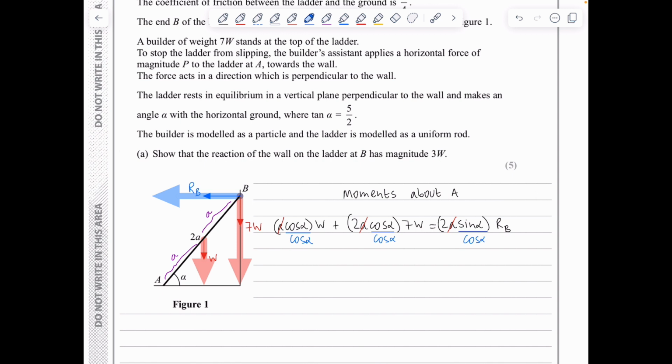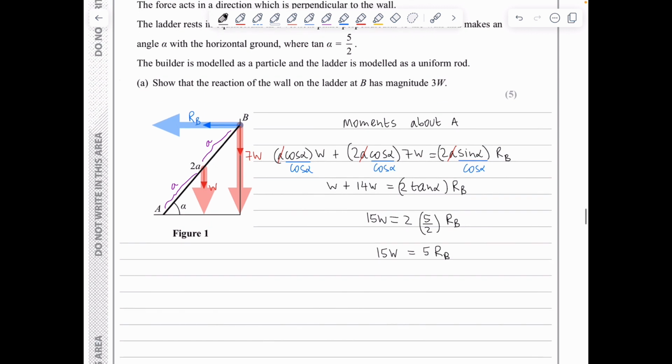So we can see that W + 14W is equal to 2 tan alpha times the reaction at B. So the left hand side is obviously 15W and the right hand side is 2 times the tan alpha, which was given to be 5 over 2, times the reaction at B. So we get 15W = 5R_B, which means that the reaction at B is 3W as required.